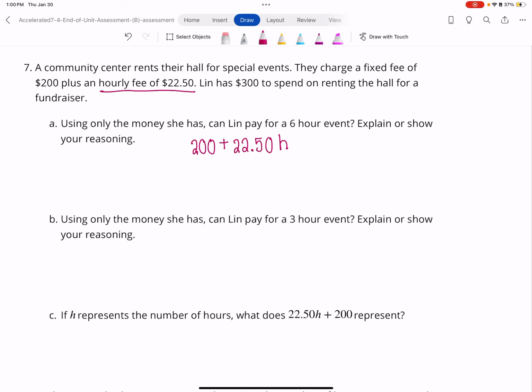And we are going to plug H equals 6 into this expression here because the question is asking if Lynn can pay for a 6-hour event.